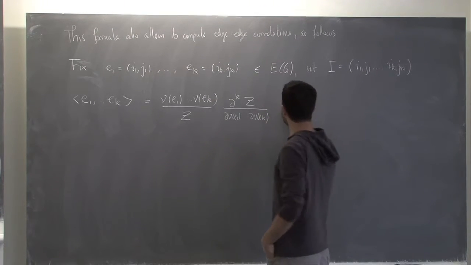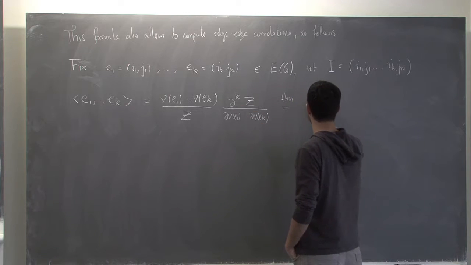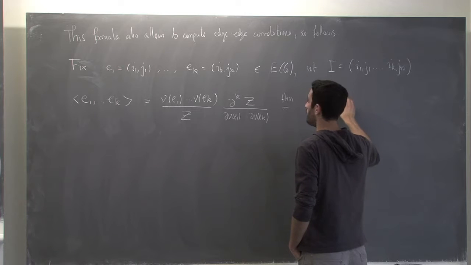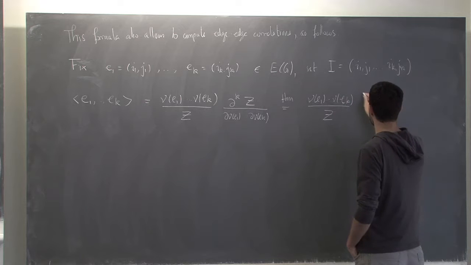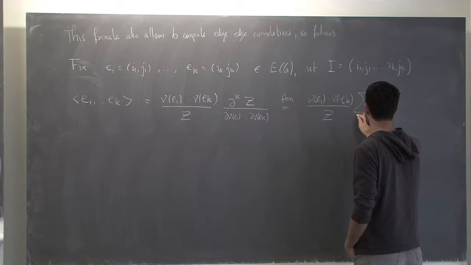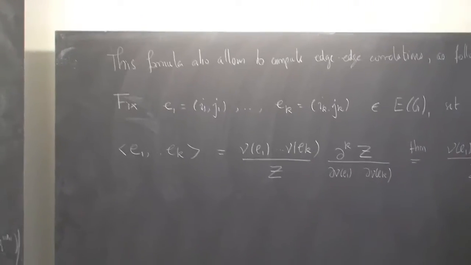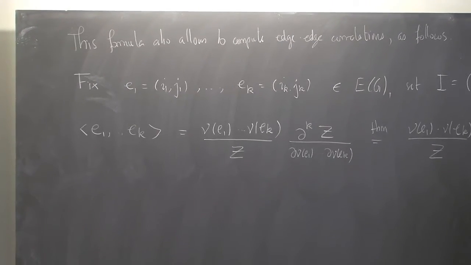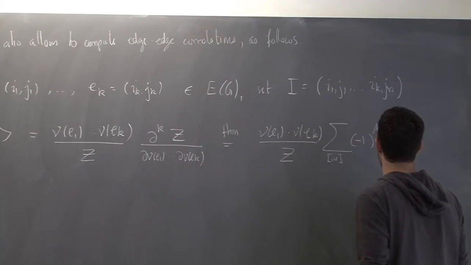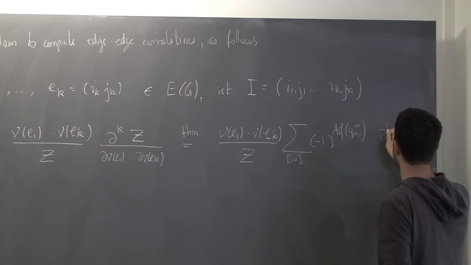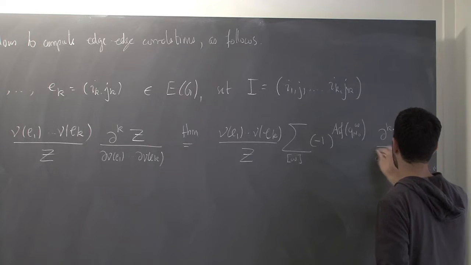And then now I can use the theorem. So what do I get? Mu E1, mu EK over Z, sum over equivalence classes of Kasteleyn orientation, sign of the corresponding Arf invariant, so omega times 0, and then I have this partial derivative of a Pfaffian, for which we know we have a formula.